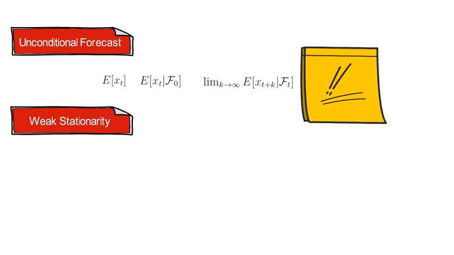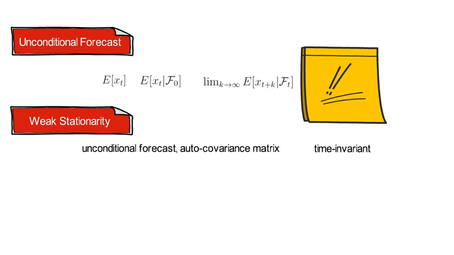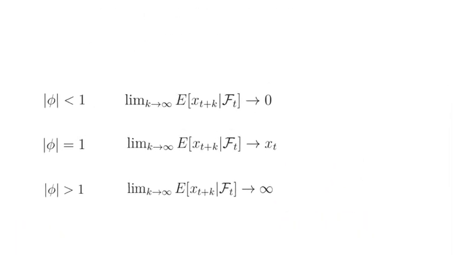Now the second definition is about weak stationarity. A time series xt is weakly stationary if its unconditional forecast and autocovariance matrix is time invariant, meaning constant. Okay, now we go back to these three cases.